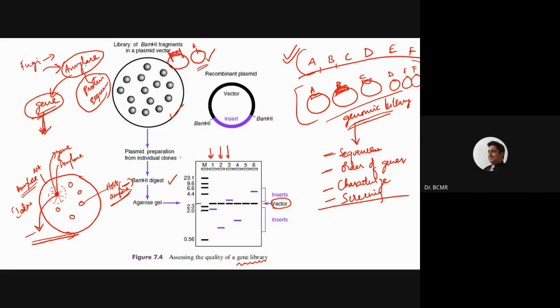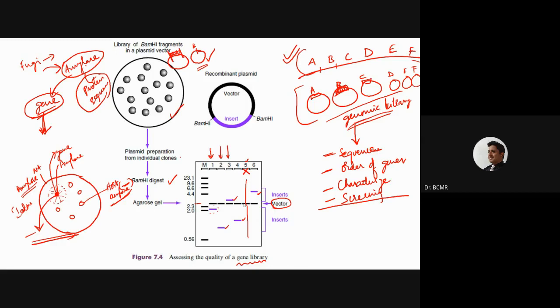But those that are recombinant will also have additional bands like this. Say in this gel picture, clone 5, that is loaded on lane 5 here, does not have any fragment indicated, which means that it is a vector religation.